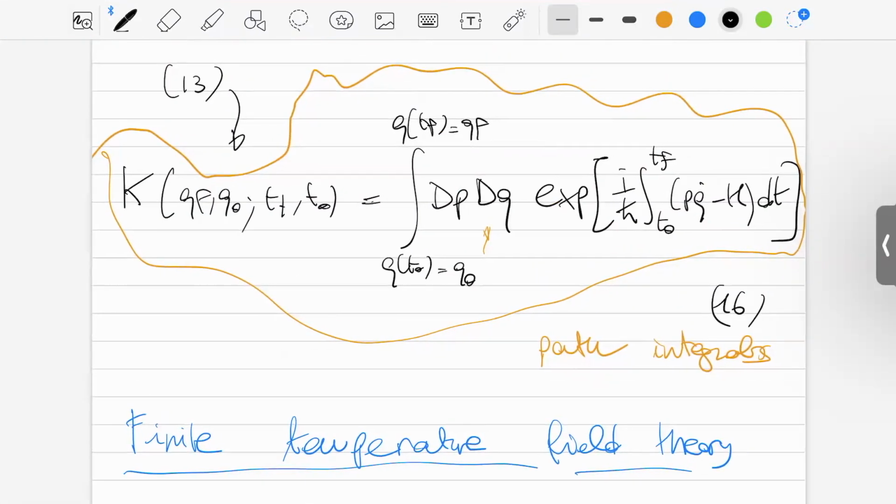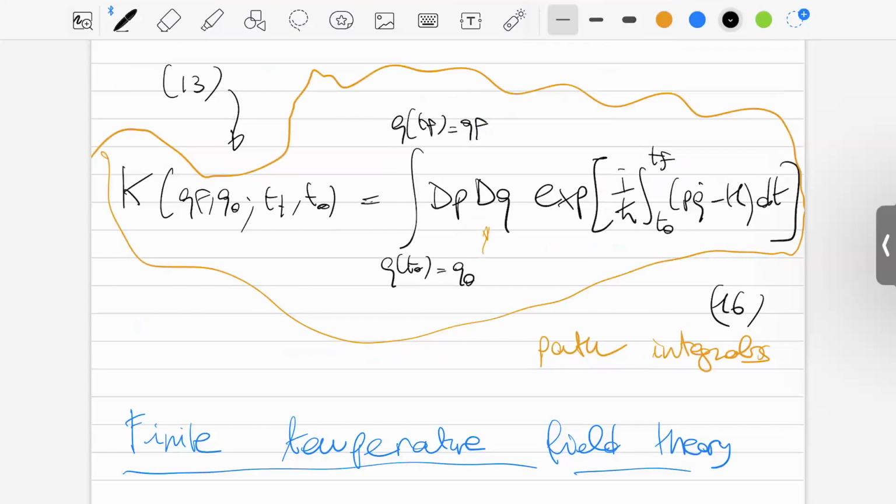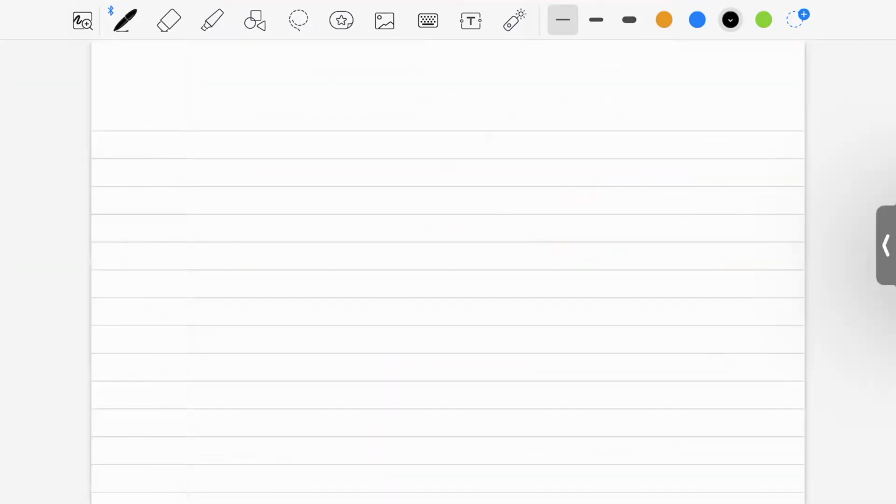So let's see how we can deal with path integrals and propagators also for fields. As we have seen in the previous section, let me write it here again. The propagator can be written in the following way.